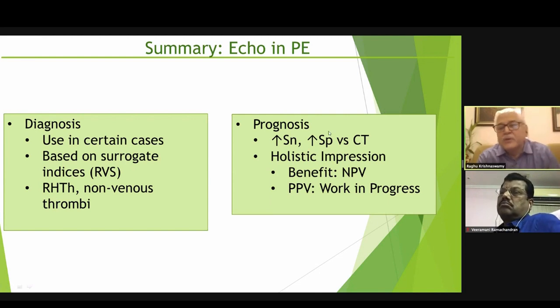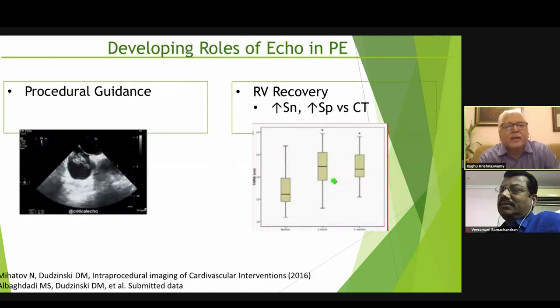It is much more useful in the sensitivity and specificity in prognosticating the future of the patient and giving a holistic impression of why the patient has had a pulmonary embolism. It is very useful to give a negative predictive value, but its positive predictive value is still being ascertained. It is also very useful in procedural guidance. For example, this was a mass, which under TEE guidance was removed by a transcatheter approach.